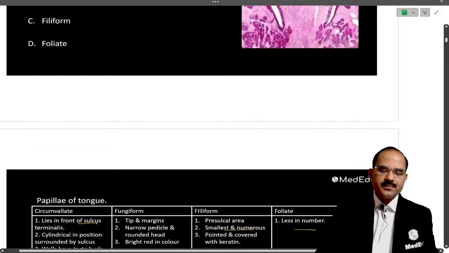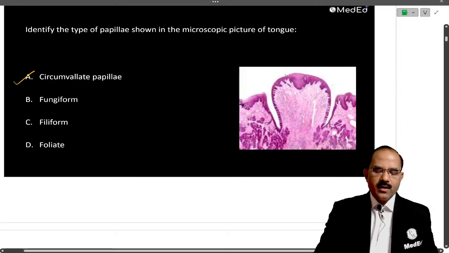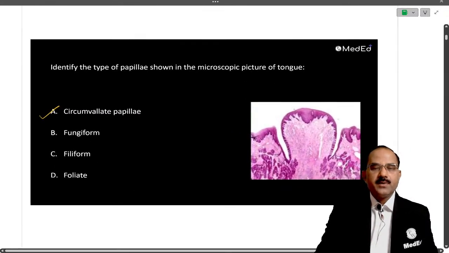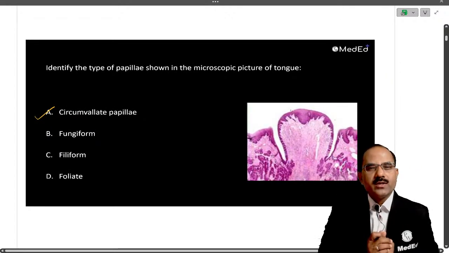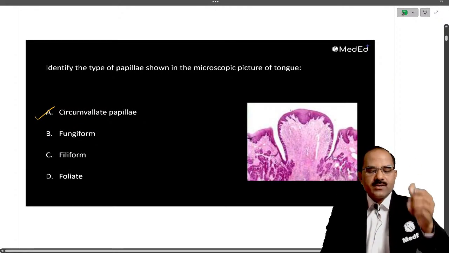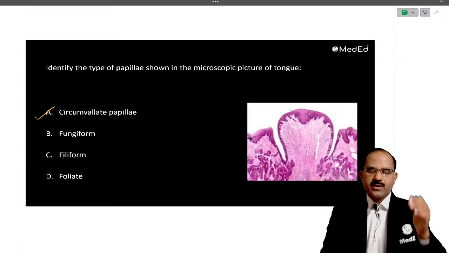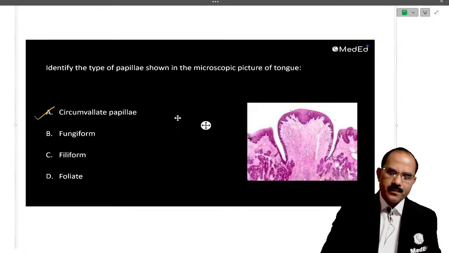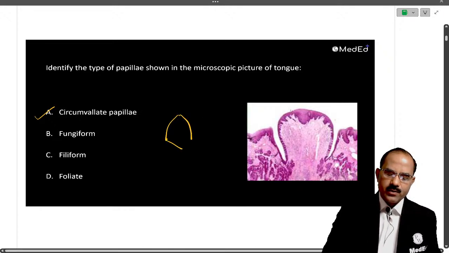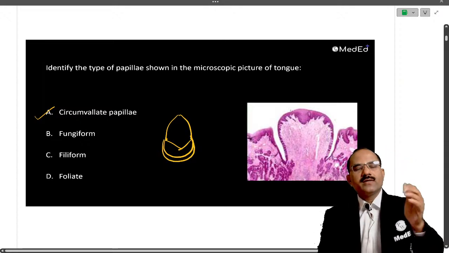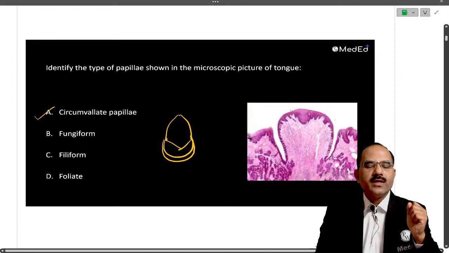The next MCQ. Just quickly revise the nerve supply. Anterior 2/3 general sensations is going to be by, come on, you can answer this. We divide the tongue into anterior 2/3, the posterior 1/3, and the posterior most part of the tongue. Anterior 2/3 general sensation is the lingual nerve.